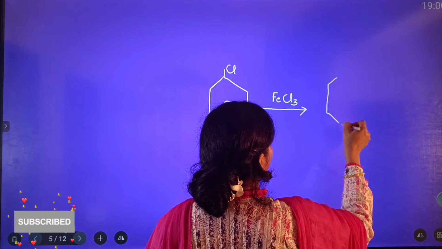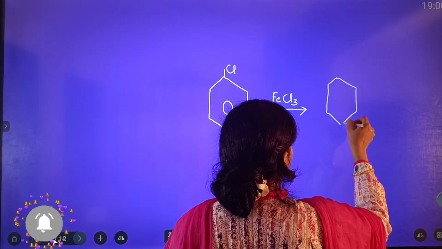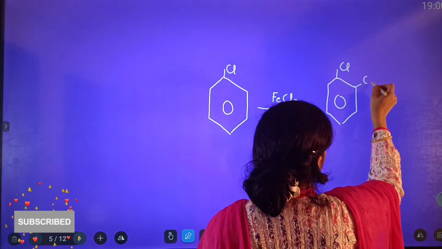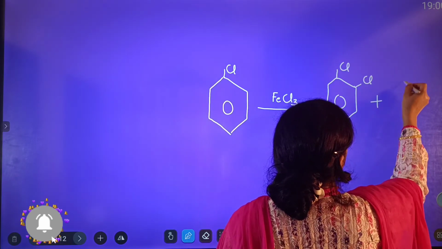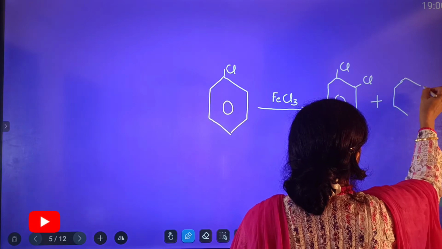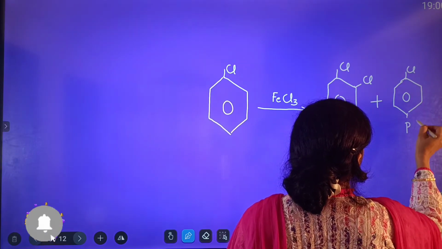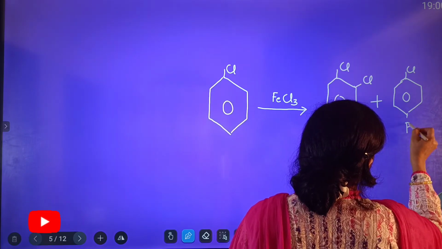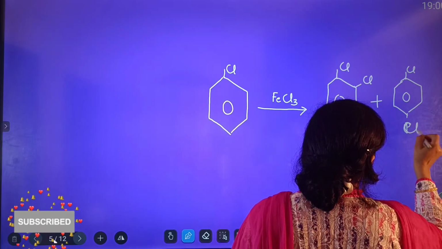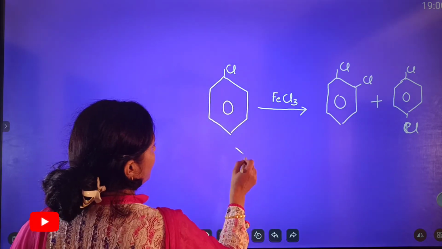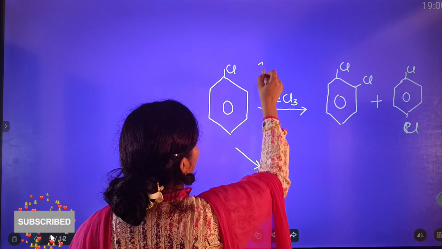So when we react it, we'll be getting one chlorine atom at the ortho position and the other chlorine atom at the para position. So this reaction is halogenation.